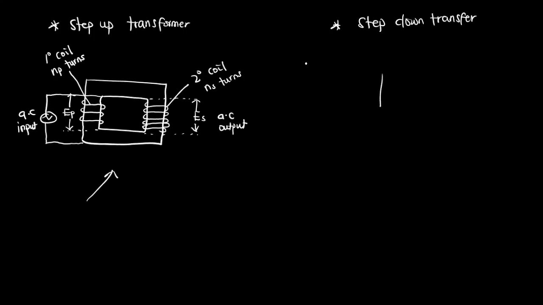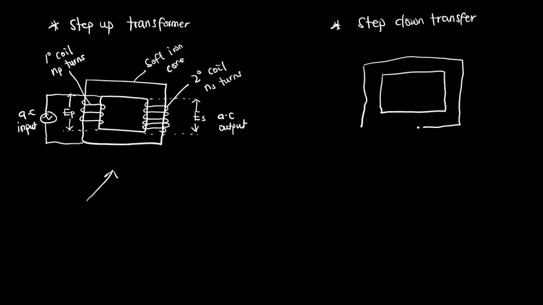If we have our, so this is the soft iron core, right? So if we have our iron core that looks like this, don't mind my drawing. And then on the primary coil, the number of turns is plenty, right? So we have a lot of turns over here.